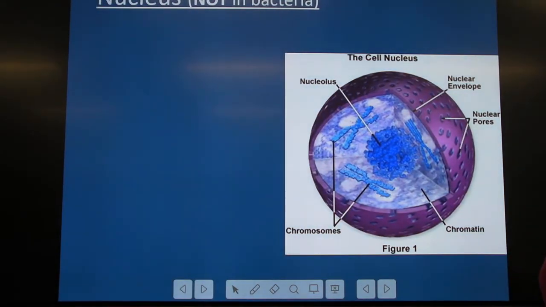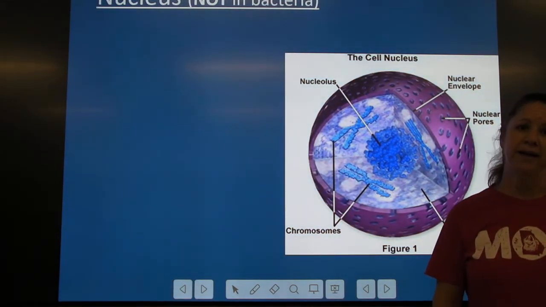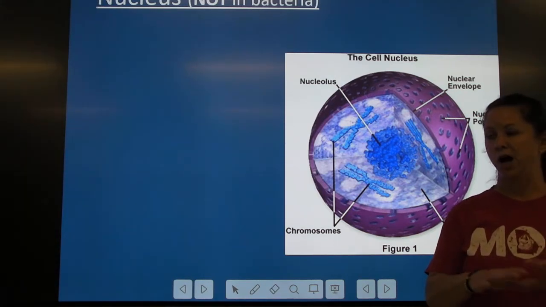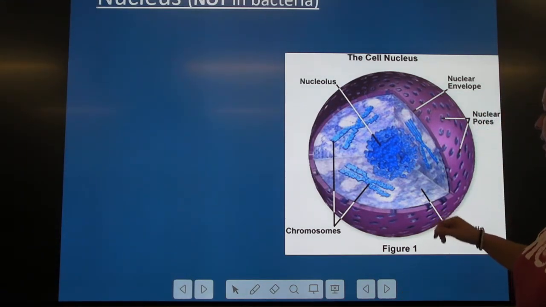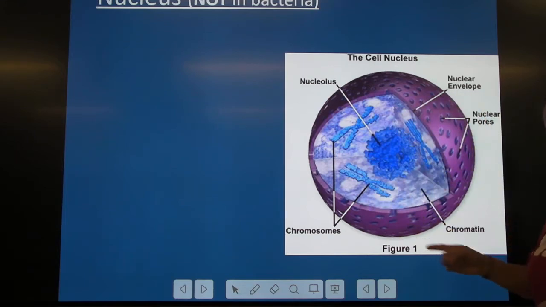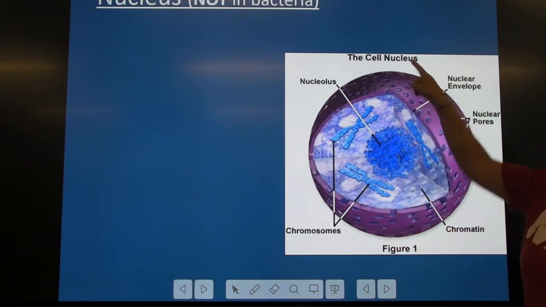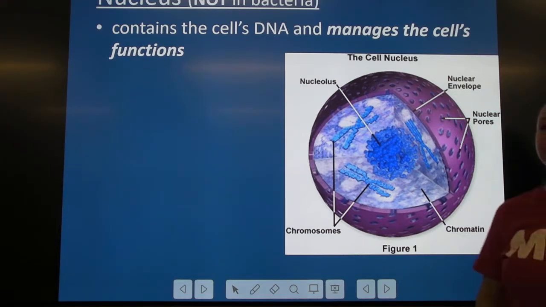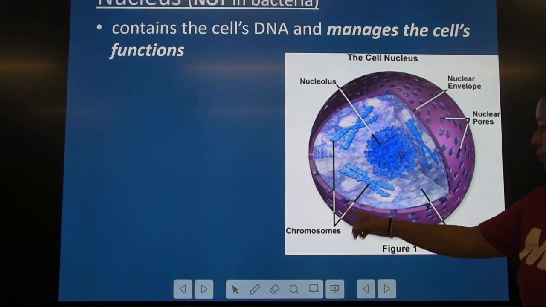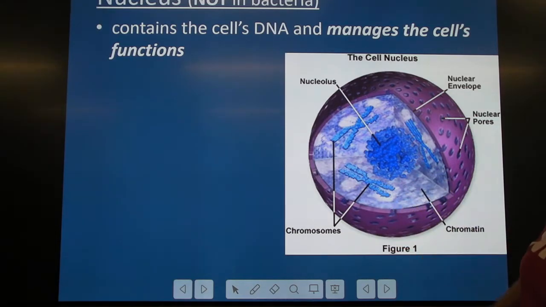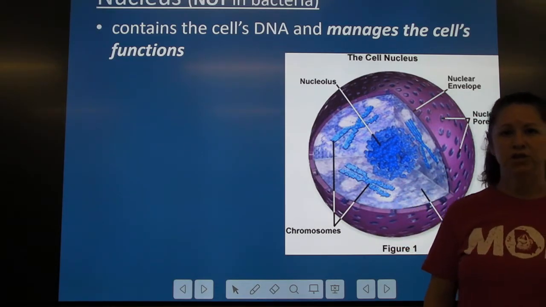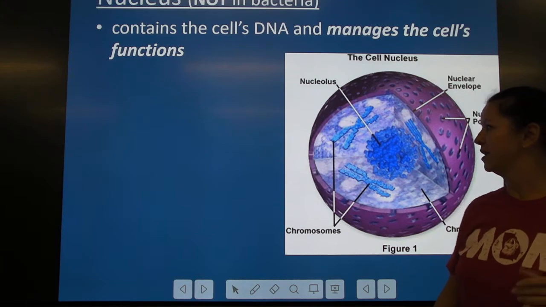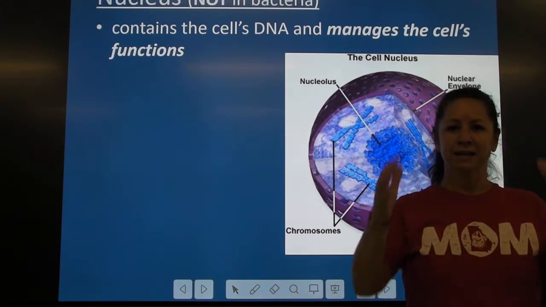The next one is the nucleus. Now, you will not find a nucleus in bacteria, so not in bacteria. All right, y'all, this is not a cell. This is the nucleus all by itself. All right, it contains the cell's DNA, so you'll actually find the chromosomes, which is your DNA, inside it, and it manages the cell's functions. The nucleus kind of acts like the brain of the cell.